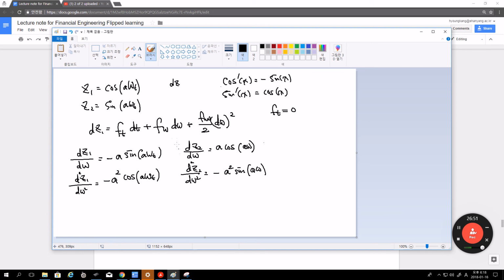Now we can plug this one into over here, so we can get the equations for dz1 and dz2. Of course, we will impose dw square equals dt. All right. So we can combine the dt terms together and the dwt terms.